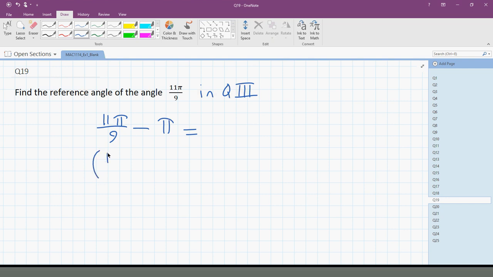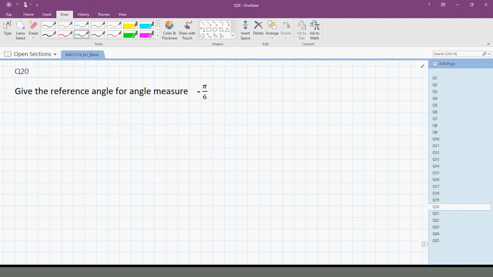So in other words, you're taking 11 over 9 minus 1. Two pi over 9. And that's all they want. That's it.